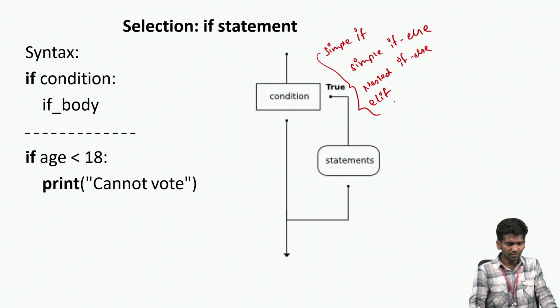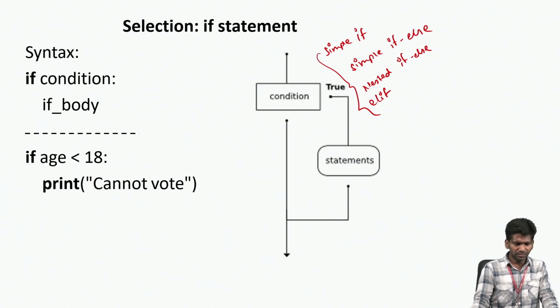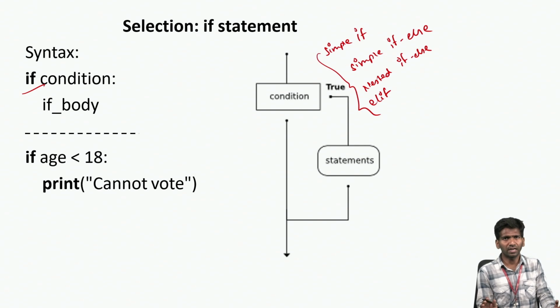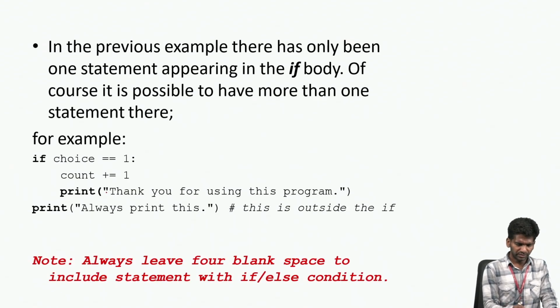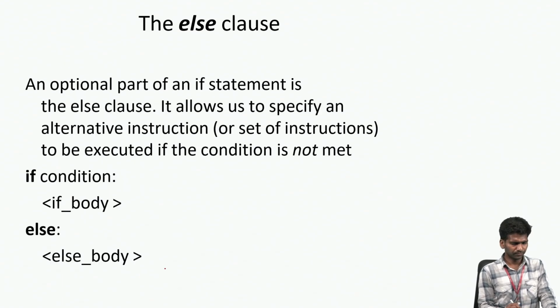So we will see them one by one. In a simple if statement, only the if statement is present. If the condition is true, then only execute that statement. So if you have only one condition, you can go with the if statement. You can see here, if choice equal to 1, then increment, then print this. Else part: if you have two conditions, then you can go with if else.